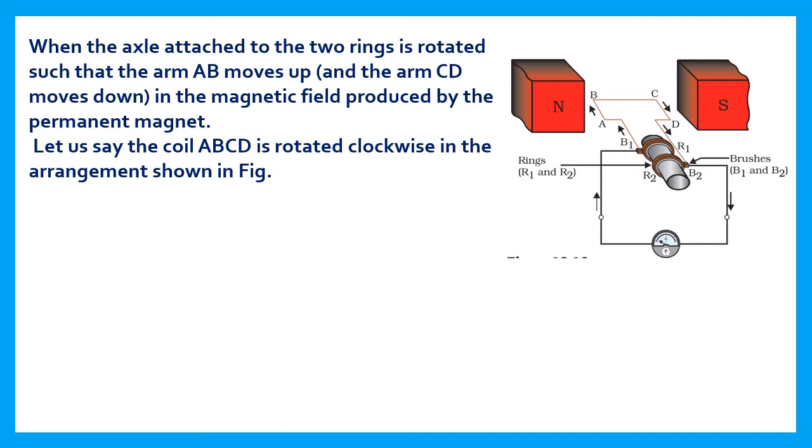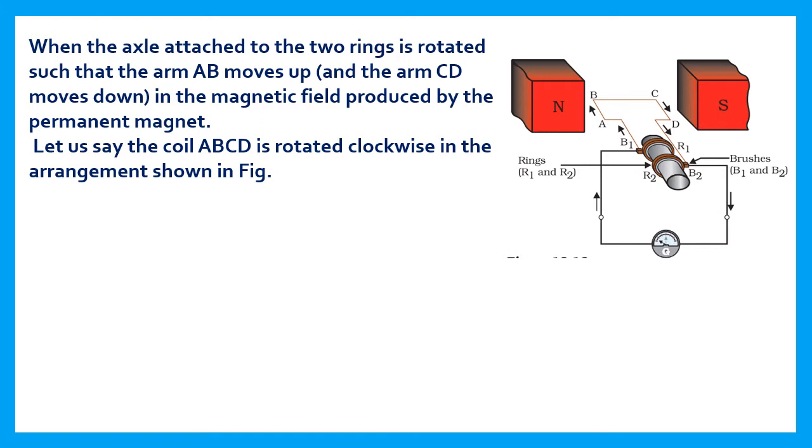Now, the working of the electric generator. When the axle attached to the two rings is rotated mechanically, this axle will be rotated mechanically. Let me make it clear, erase everything. So now what will happen?